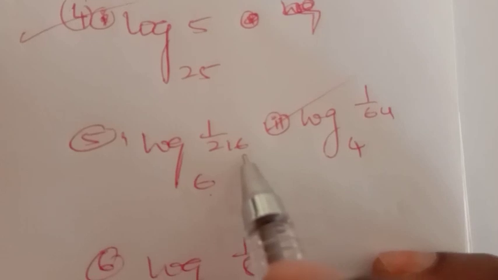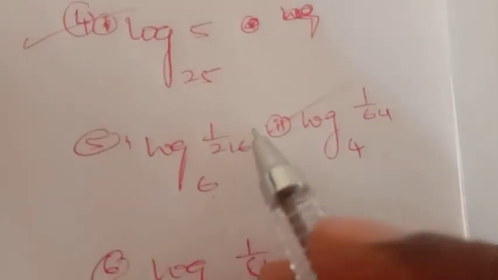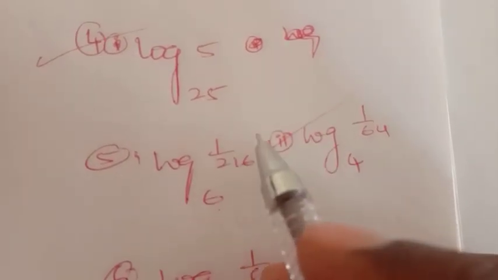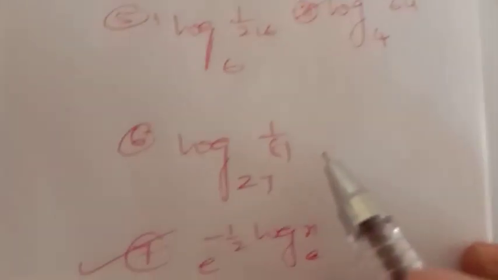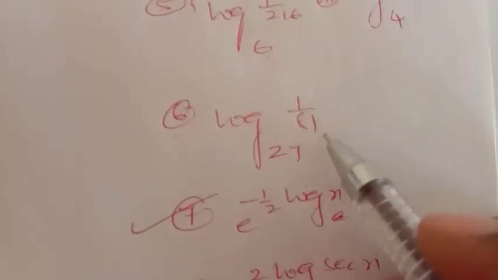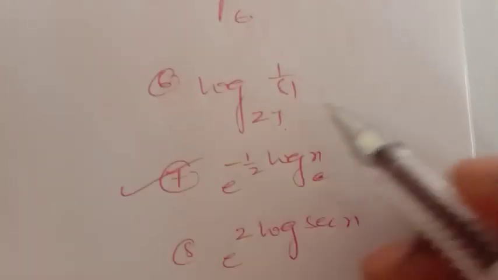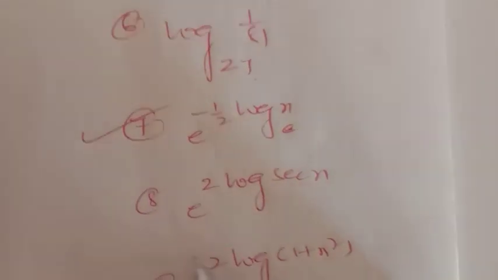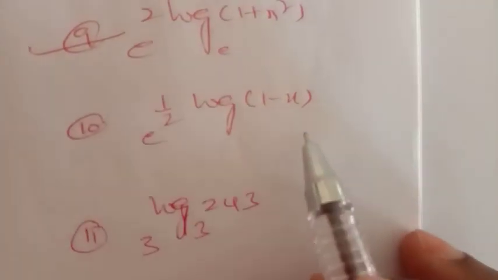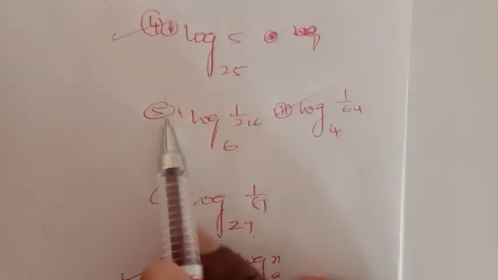Here 216 can be written as 6 cube, and taking the numerator, the value is 6 power minus 3. And similarly, log 1 by 81 base 27. And the 8th problem, e power 2 log sec x and e power 1 by 2 log 1 minus x. You can solve these problems 1, 2, 3, 4, 5.